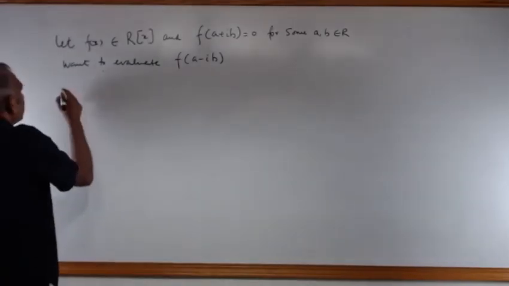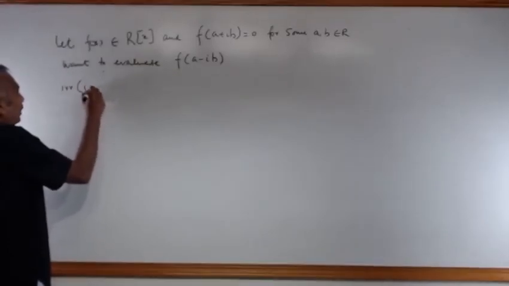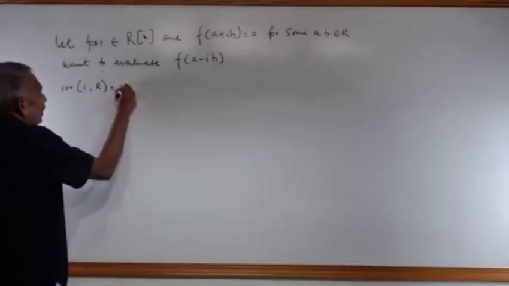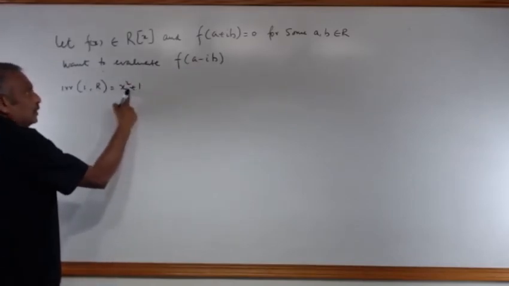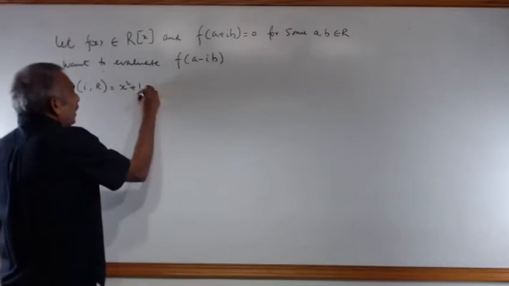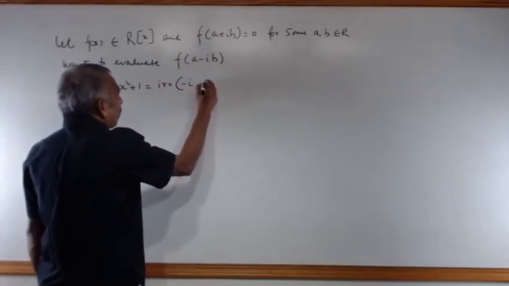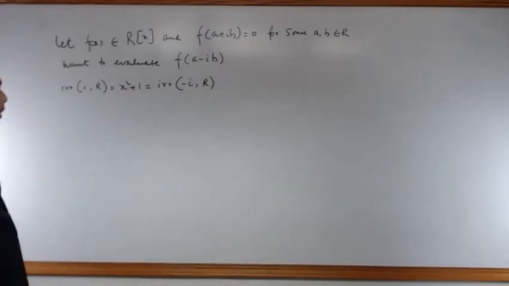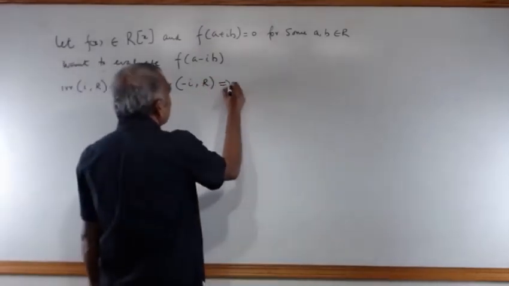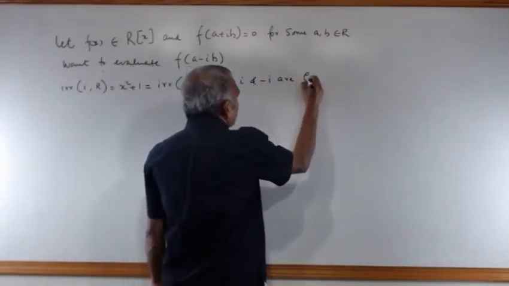So the irreducible polynomial of i over R is x squared plus 1, because i is a zero of this polynomial, and it is the same as the irreducible polynomial of minus i over R. And that implies i and minus i are conjugates.